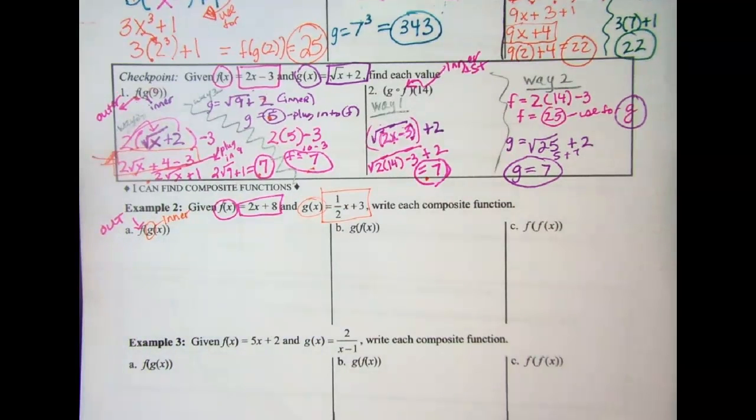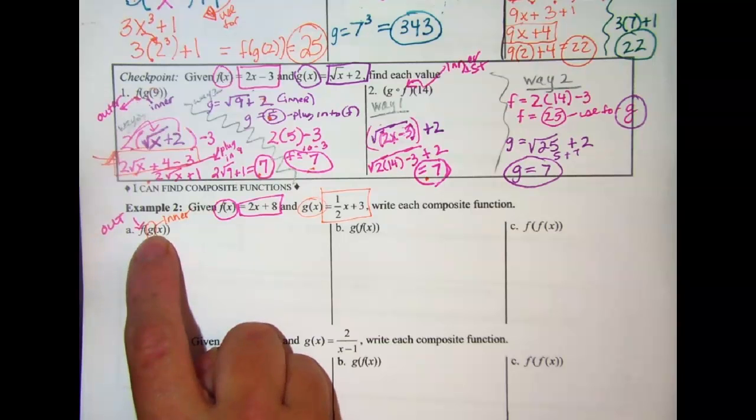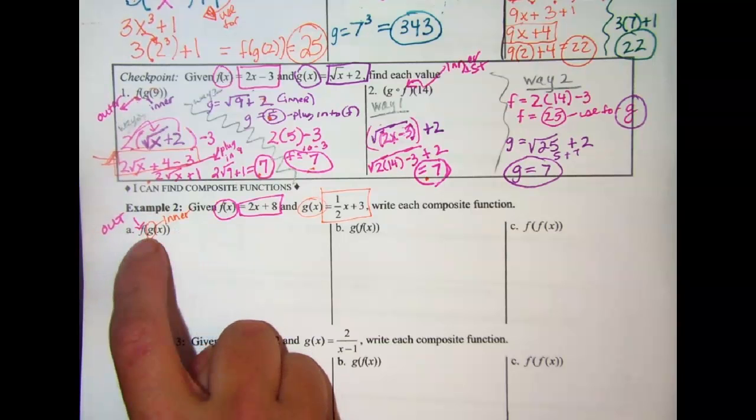Remember, there's no number in here, so this is even shorter than the first part. What we're going to do is take g and plug it into f, because that's what it's calling on us to do.